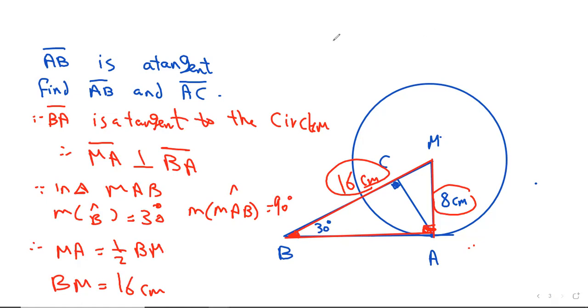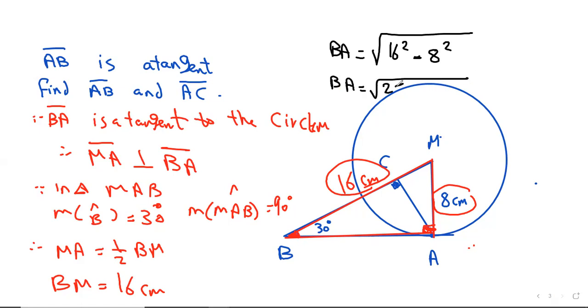So BA equals the square root of the hypotenuse to the power of 2 minus this side to the power of 2. So BA equals the square root of 16 to the power of 2, 256, minus 8 to the power of 2, which is 64.